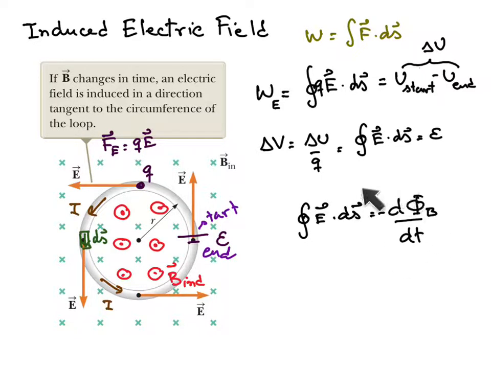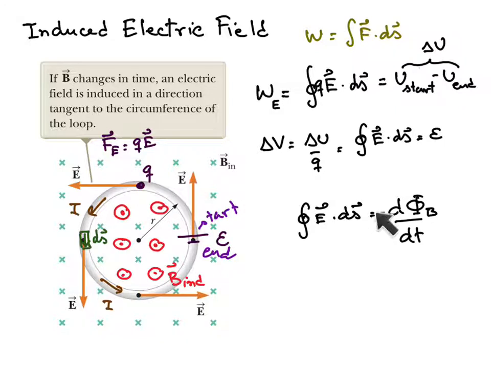The physical meaning of this equation is that if you change the magnetic flux by changing the magnetic field or by changing the size of the boundary of the loop, you induce the electric field, and the integral of the electric field around the loop must equal minus dΦB by dt.